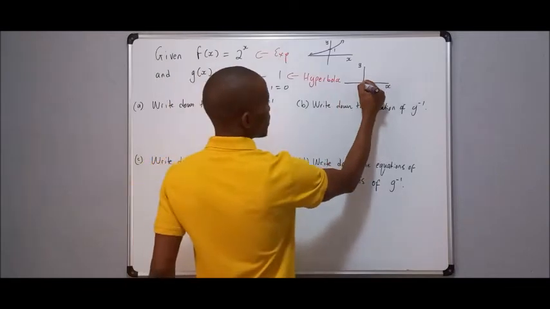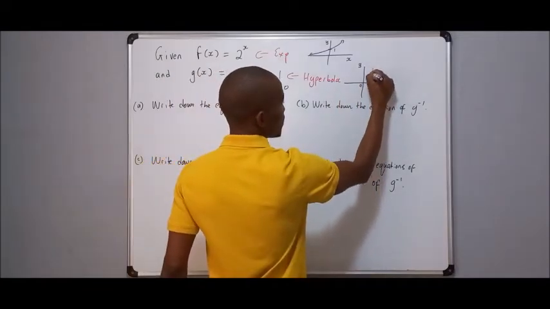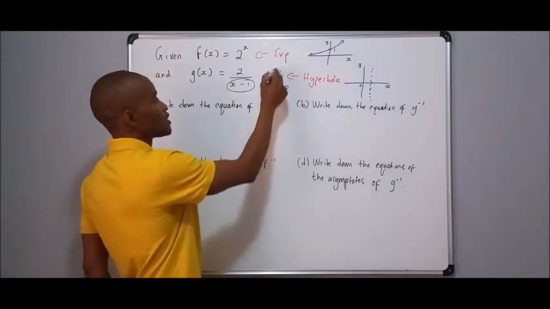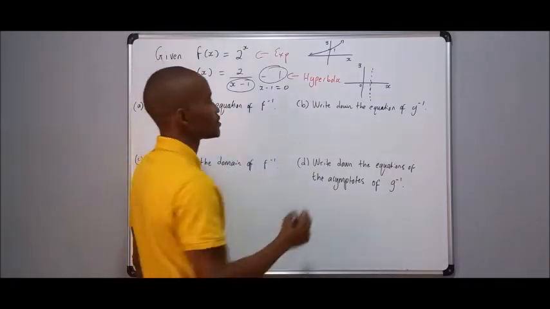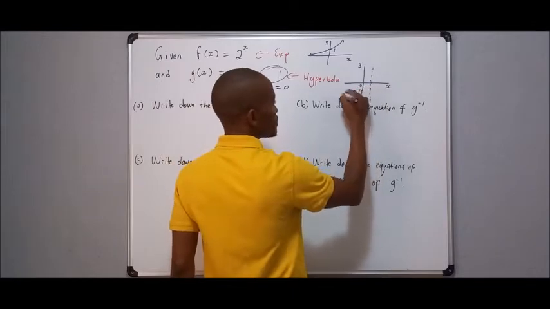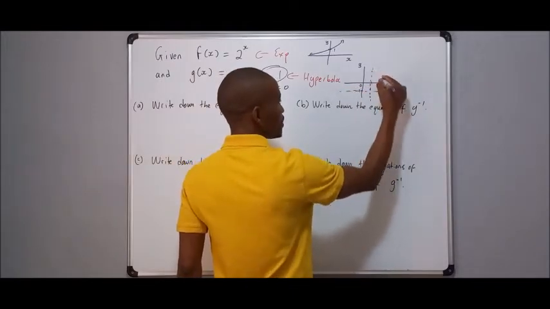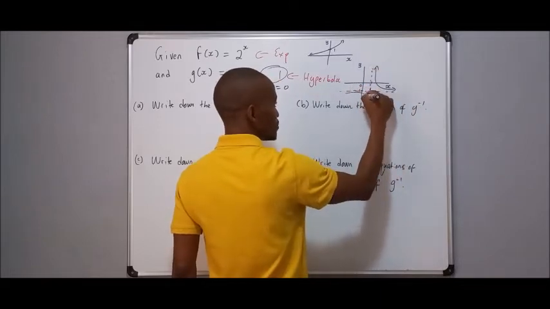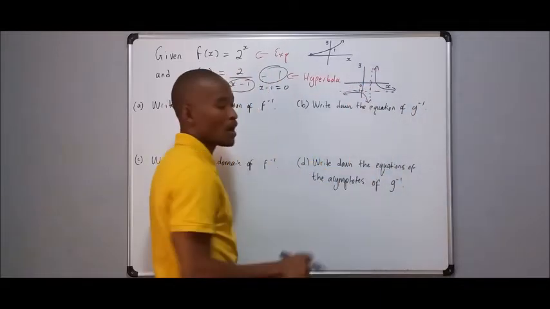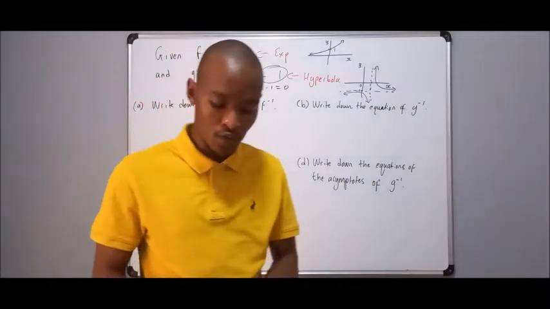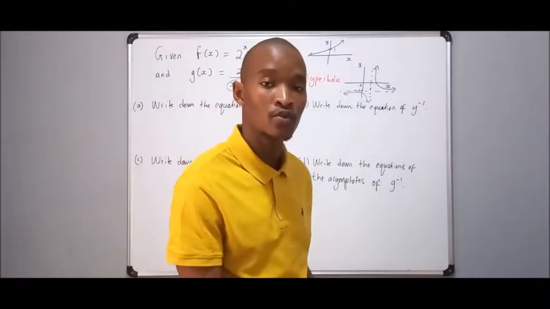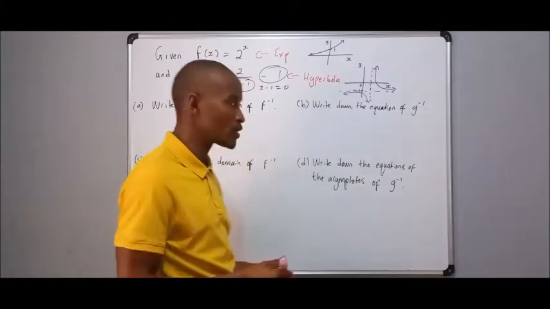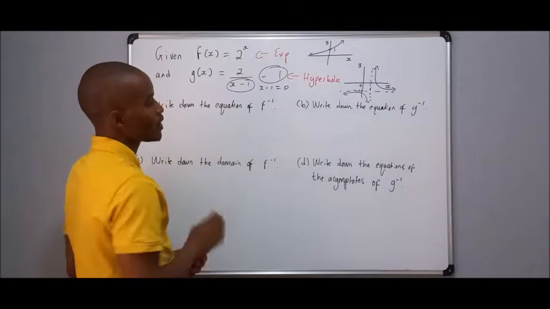So here at 1 there will be a vertical asymptote, and here it's minus 1, so there will be a horizontal asymptote at negative 1. Here are your arms, and another one will be there. Remember, the arms of the curve approach the asymptotes but do not touch or cross them.